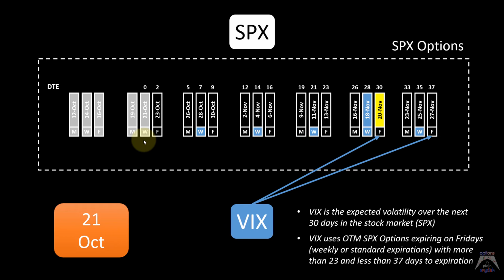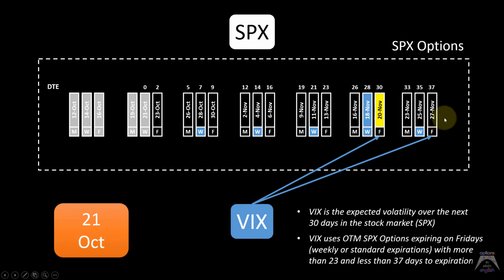Also, if you think about it, once the standard expiration drops off, so once it's no longer available, on this day, the ETFs and ETNs are going to start pointing instead of to this one and this one. Now, this one's no longer going to be the near term. This one's going to be the near term. And then the next one is going to be the next term.